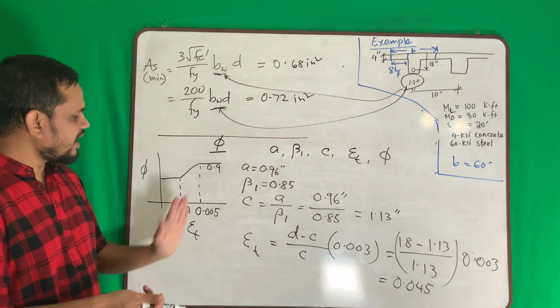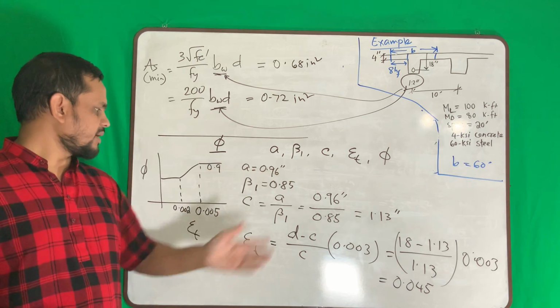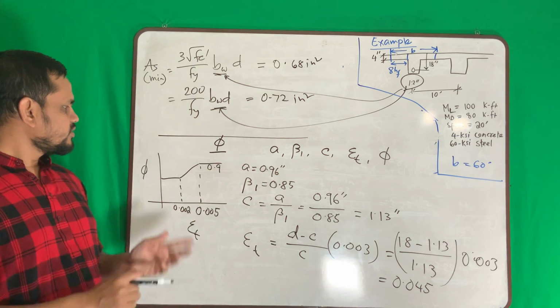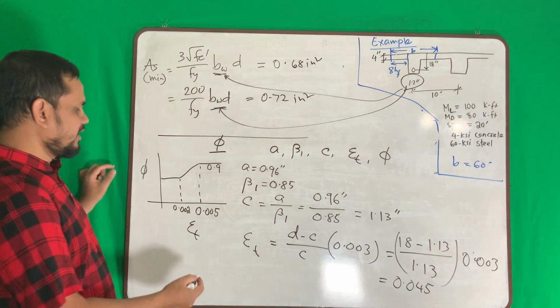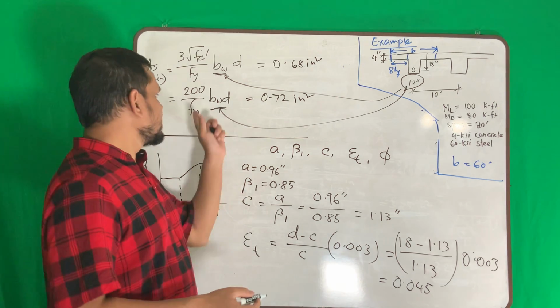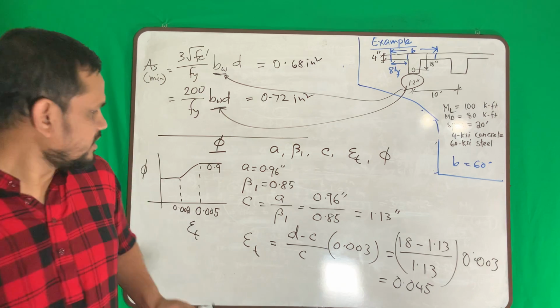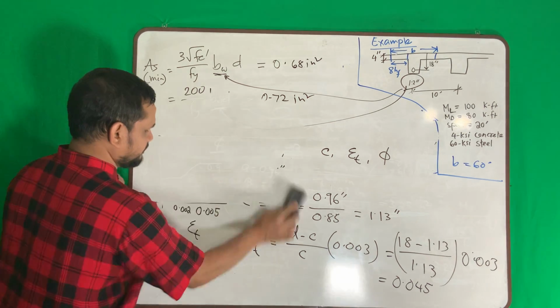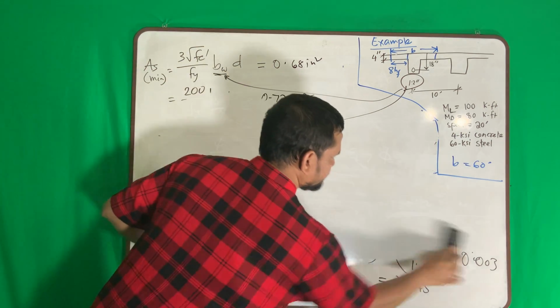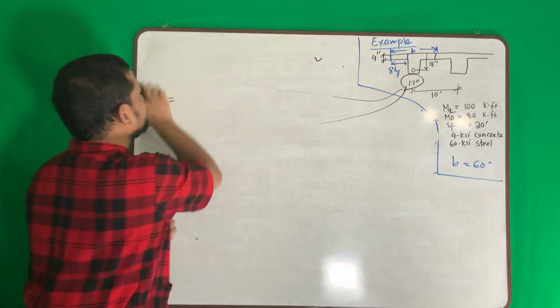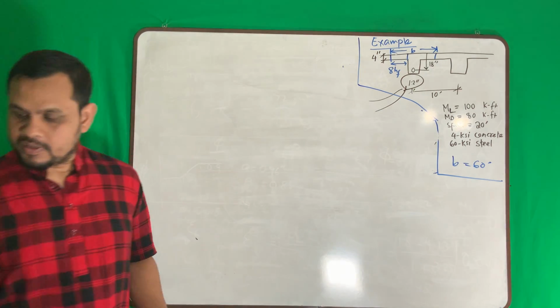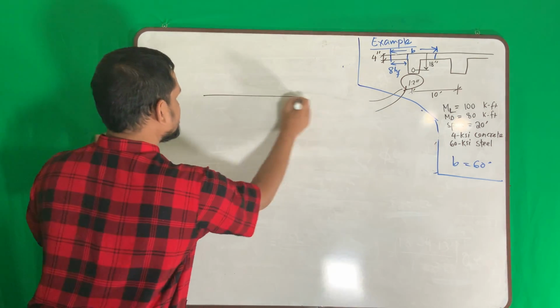That is way beyond this point, somewhere here. So our phi is 0.9. Okay. So phi check is done, minimum reinforcement check is done. Now you need to detail.